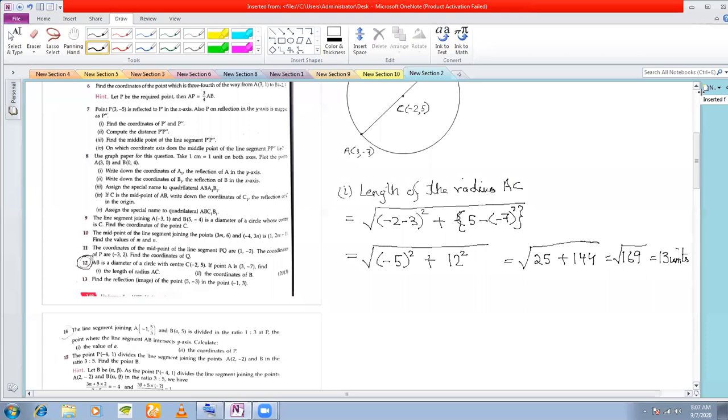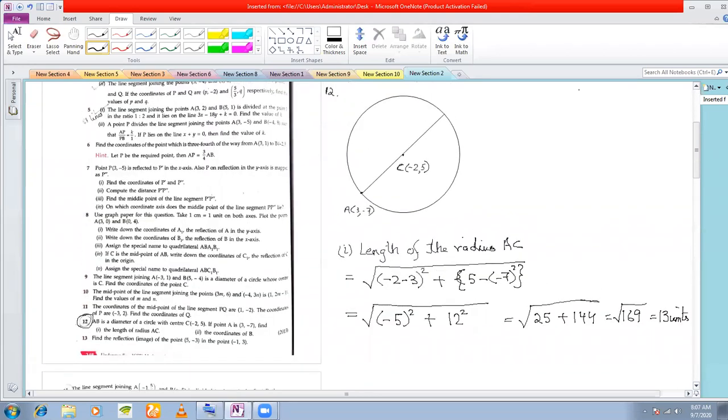Next question is find the coordinates of B. So AB is the diameter. So which one should be your B? This should be your B. Okay, you need to find out the coordinates of B. Now B is a point such that C is the midpoint of AB, right?